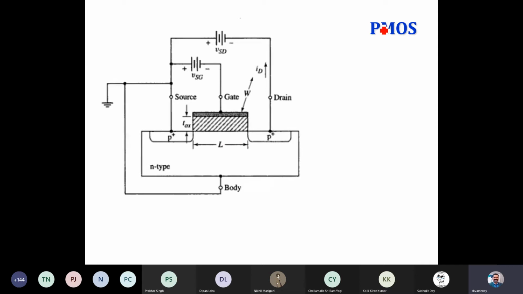One should quickly understand from the alphabet written here. PMOS means there is a hole inversion layer, so the channel is created in the donor substrate, and holes act as the charge carriers. By this nomenclature itself, you'll be able to understand.